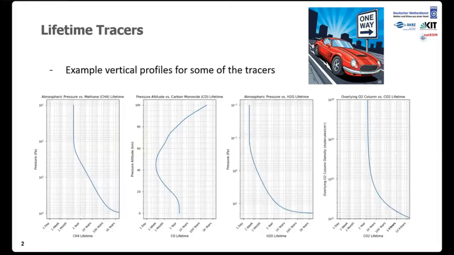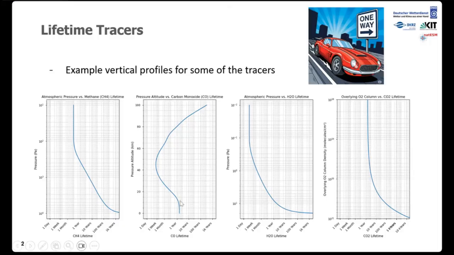And this parameterization, I gave you the examples. So here you can see, hope you can read it. For methane here on the left, for example, you see a height profile. Well, that's from the surface to 10 Pascal, so the top of the atmosphere. And you see the lifetime here in the troposphere is more than 1,000 years and goes down to a few months in the upper stratosphere.